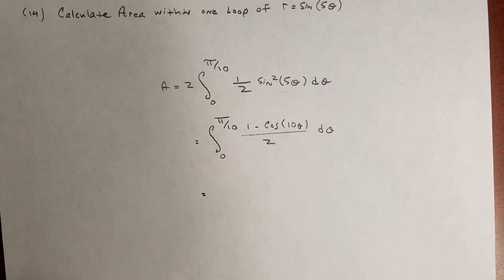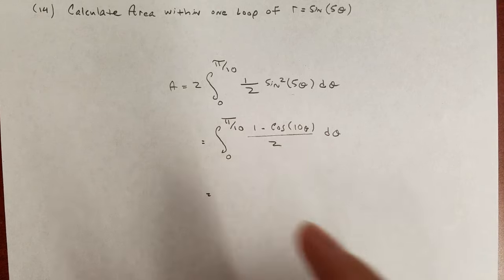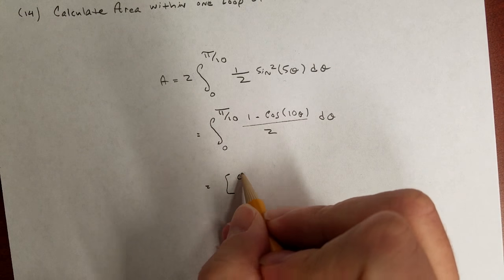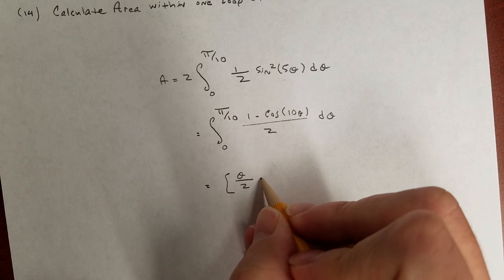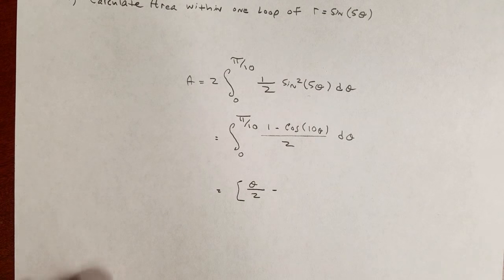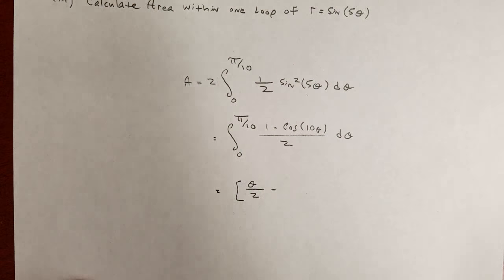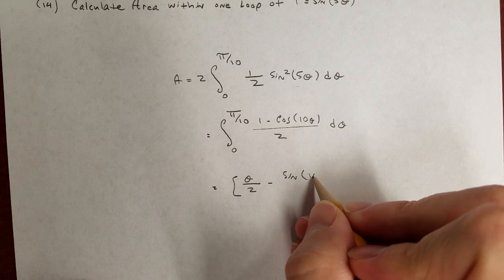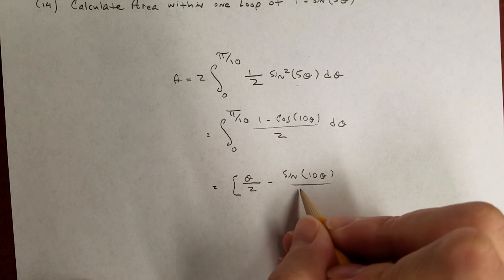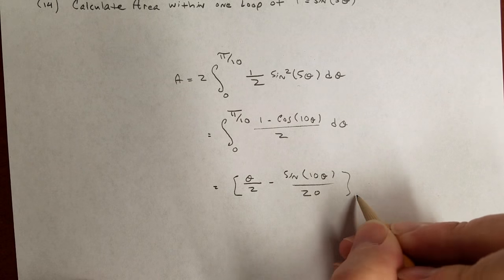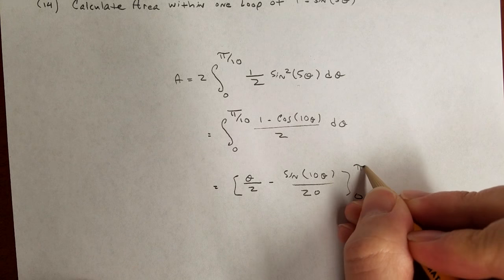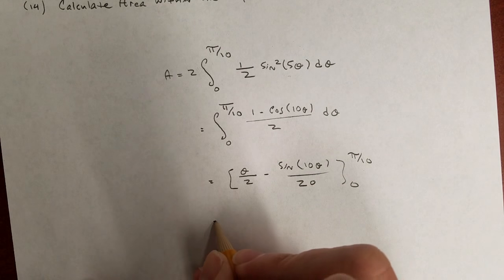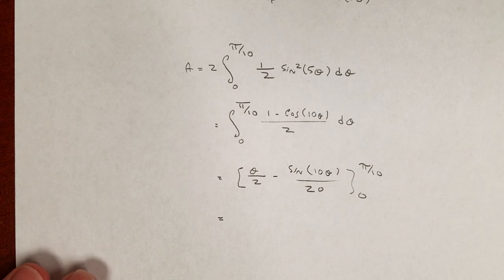And this is two separate terms. 1/2 gives me theta over 2. And cosine 10 theta over 2, separate term, gives me sine 10 theta over 20 as the antiderivative. Alright, now that we got to this point, it's not going to be very hard.